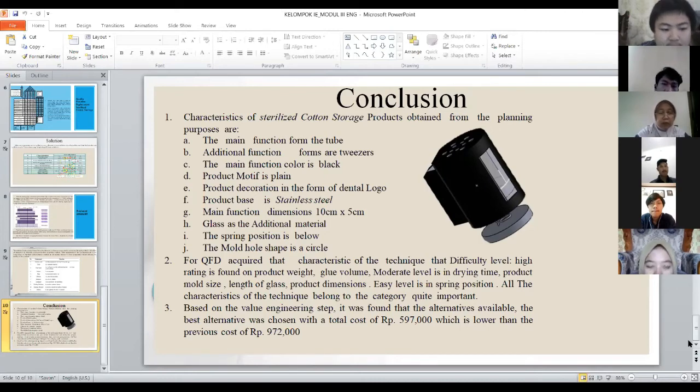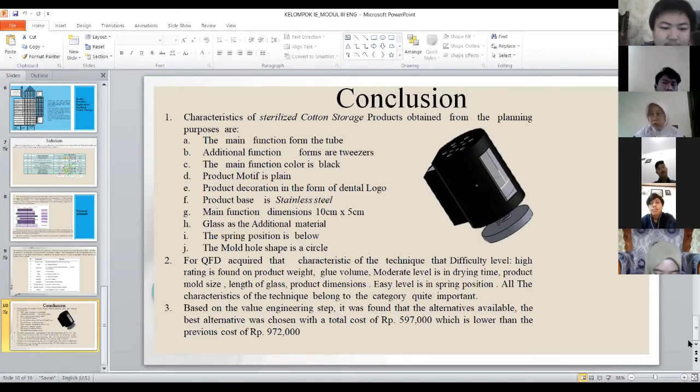Actually, as you say, it's being avoided to use black as a main color of some tools in medical devices, but I don't know the customers' satisfaction, that they choose black color. That's all for me, miss.